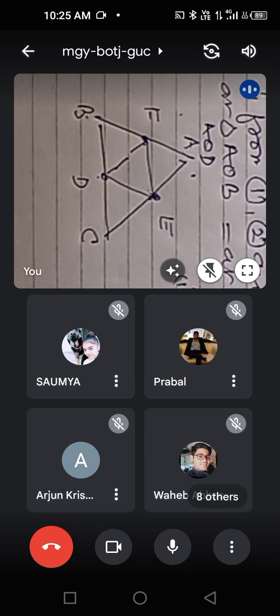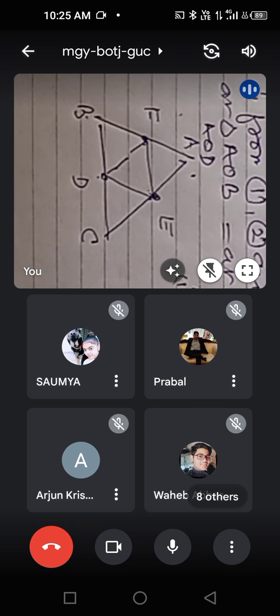Therefore, EF is parallel to BC, and D and E are also the midpoints of the sides AC and BC. So this is DE. DE is parallel to AB. On combining both, opposite sides are parallel. Therefore, you see BDEF is a parallelogram. So this is the first part that you have proved here.